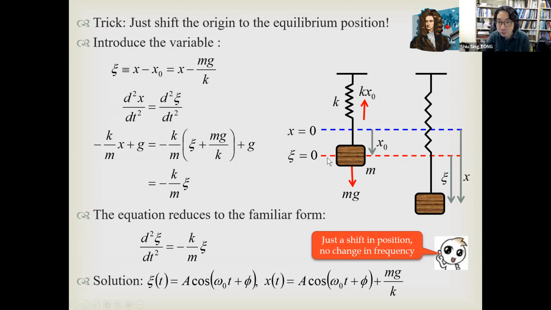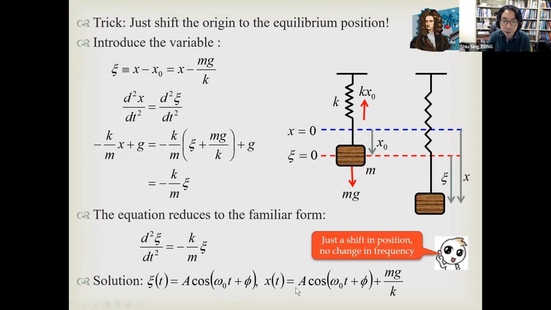So if I measure everything from the new equilibrium position, namely I express everything in terms of xi, then the equation of motion exactly reduces to simple harmonic motion. Since the motion is simple harmonic in terms of xi, I don't need to solve it again. I can quote the standard solution: xi is A cosine of omega naught t plus phi. If you want, you can change it back to x.